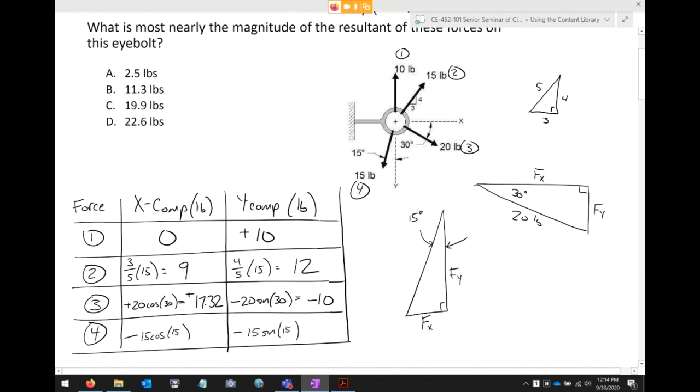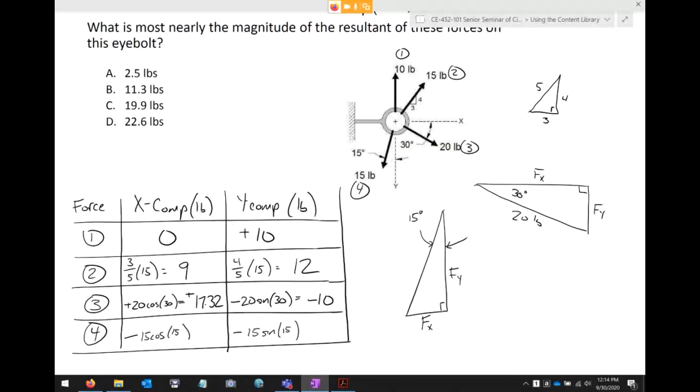The reason why it's wrong is because x is associated with the cosine, y is associated with the sine. That only works when the angle is measured from the x-axis. This 15 degrees is measured from the y-axis. So there's two ways to handle that.